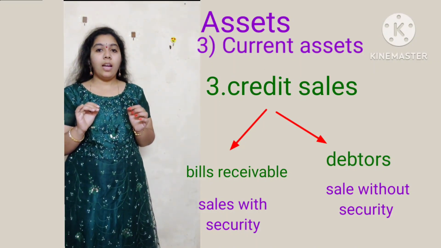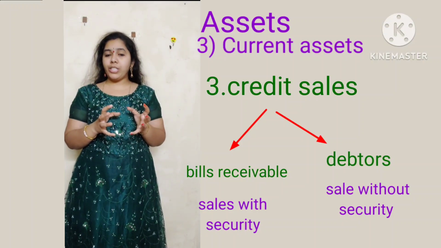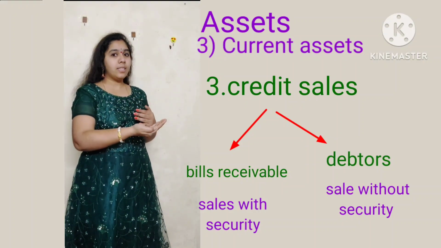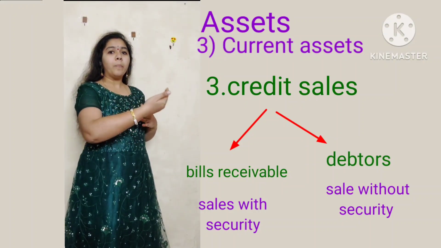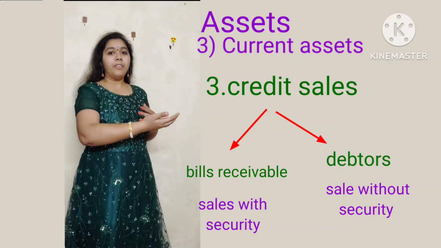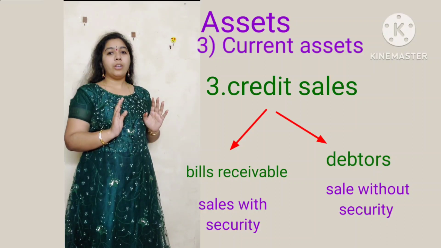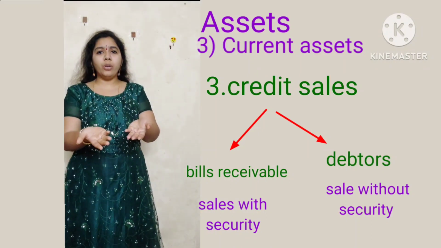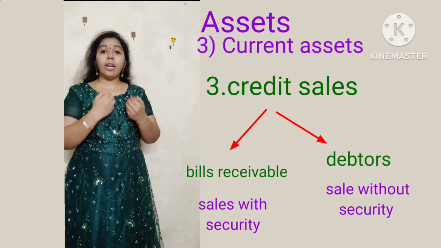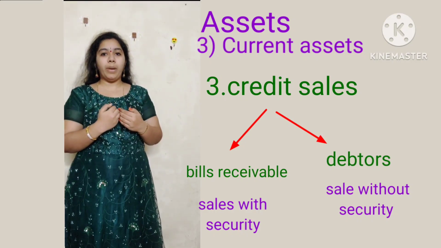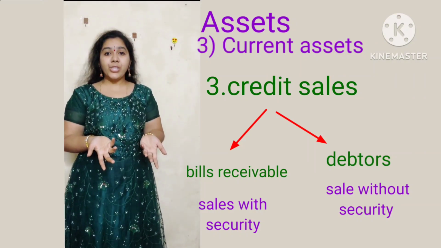bill. In some situations, if we are friends, I will give my product without any security. If I don't know who you are, but you have taken more goods from me, how can I trust you?